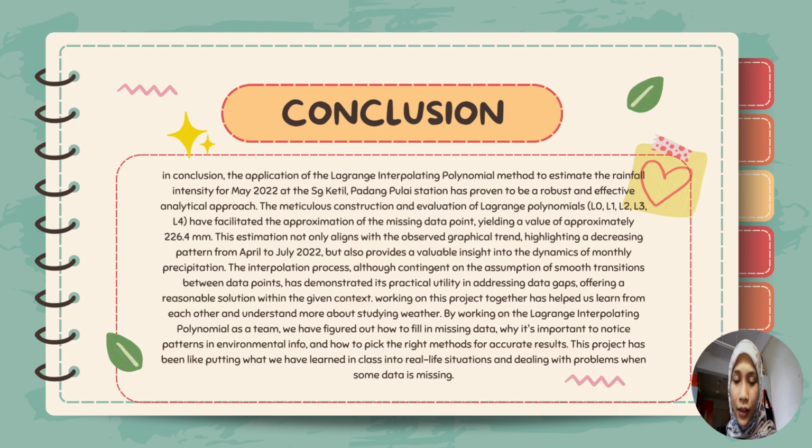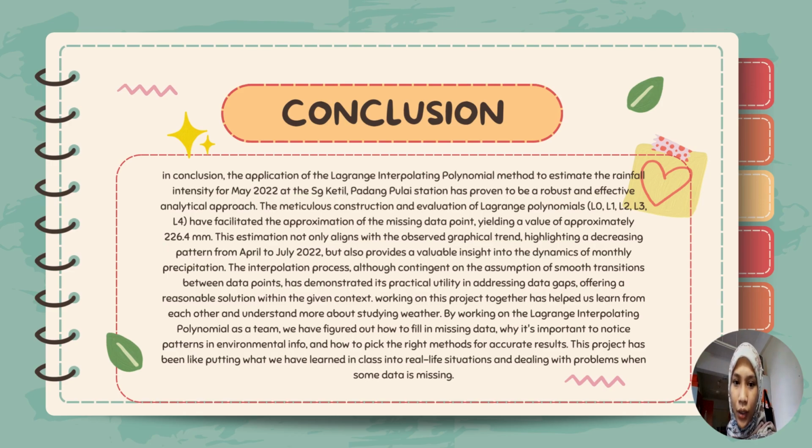This estimation not only aligned with the observed graphical trend, highlighting a decreasing pattern from April to July 2022, but also provides valuable insight into the dynamics of monthly precipitation. The interpolating process, although contingent on the assumption of smooth transition between data points, has demonstrated its practical utility in addressing data gaps, offering a reasonable solution within the given context.